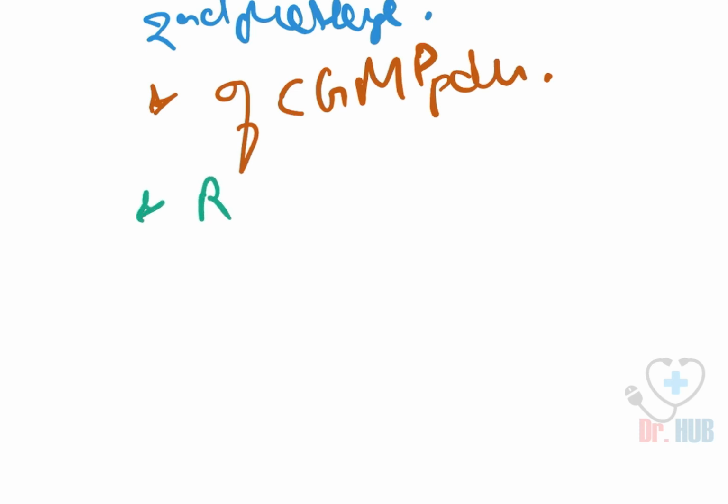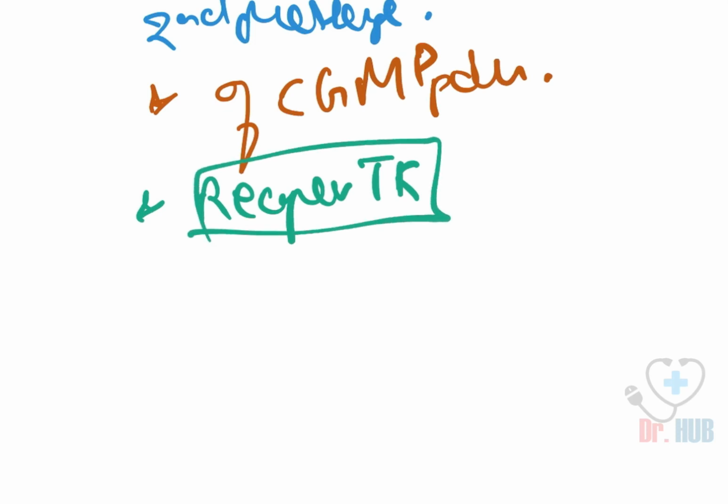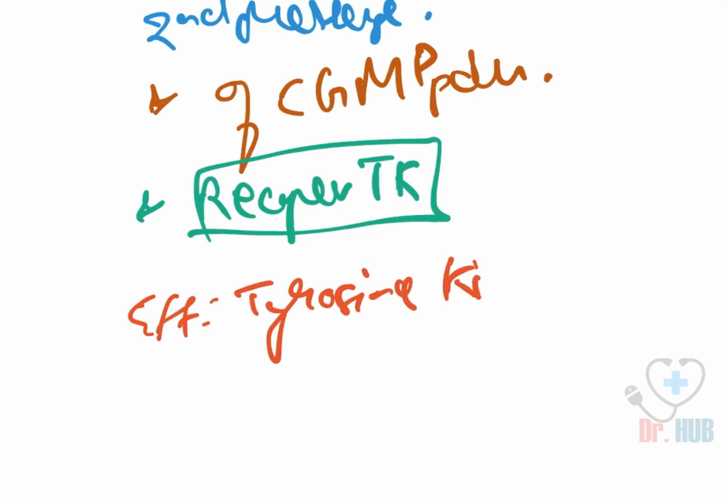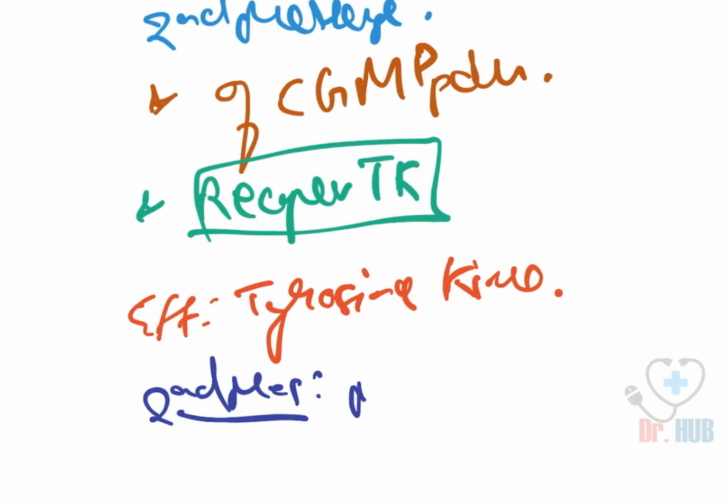Next, receptor tyrosine kinase. So for the receptor tyrosine kinase, the effector is the tyrosine kinase. And what is the second messenger? The second messenger is the MAP kinase.